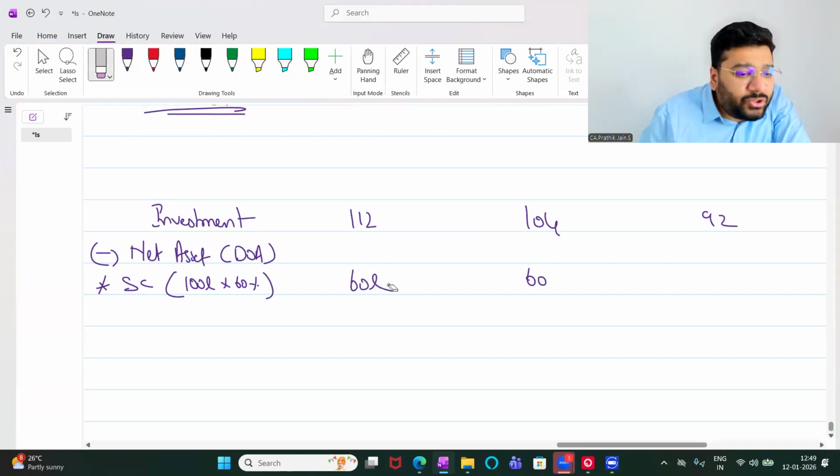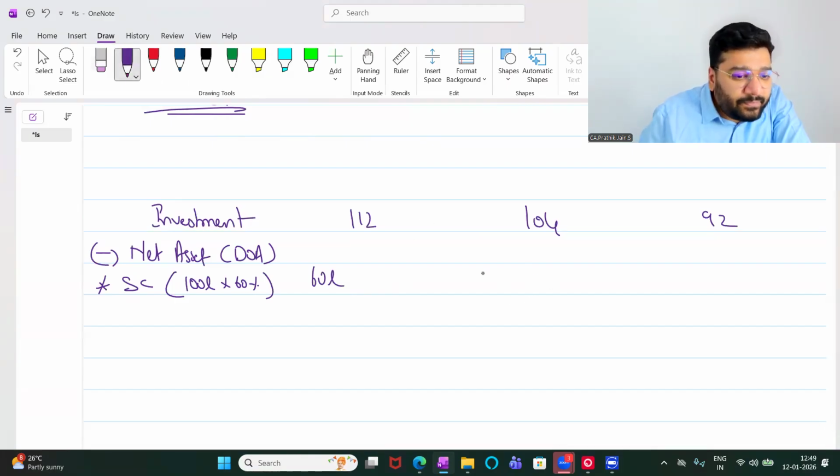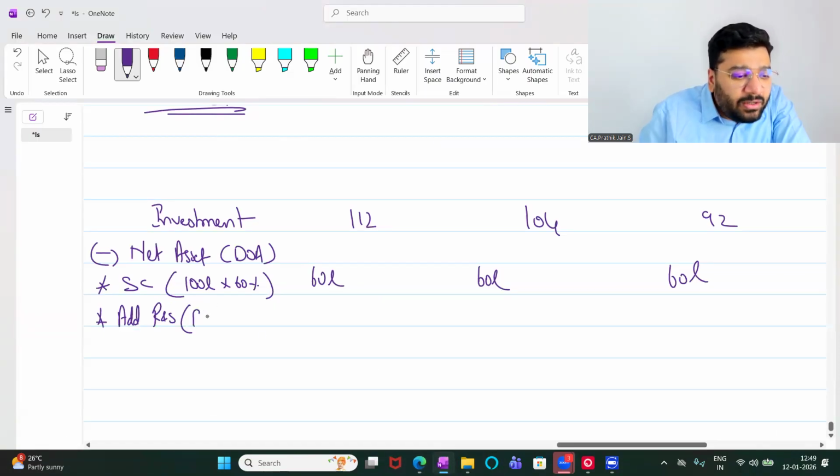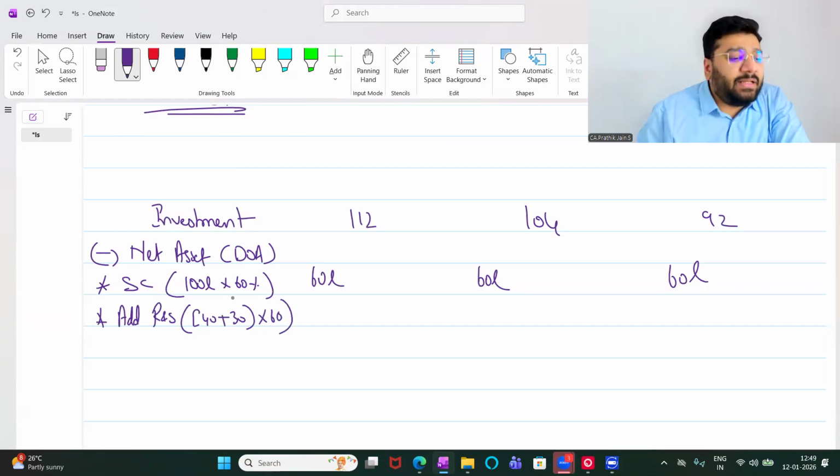I'm doing this in an inner column for convenience. Now with this, we add reserve and surplus. Reserve is 40 and surplus is 30. 40 plus 30 is 70, the whole multiplied by 60%.